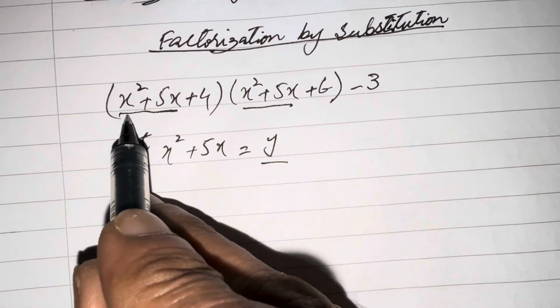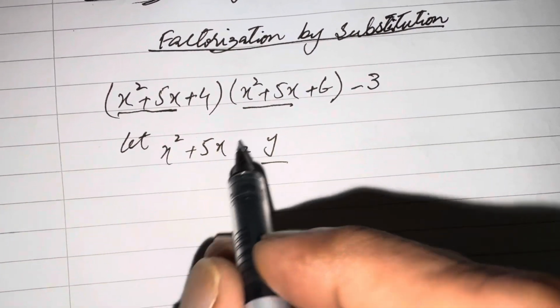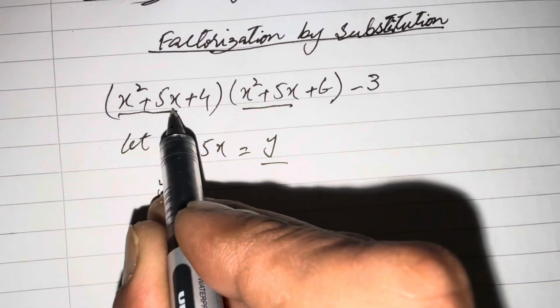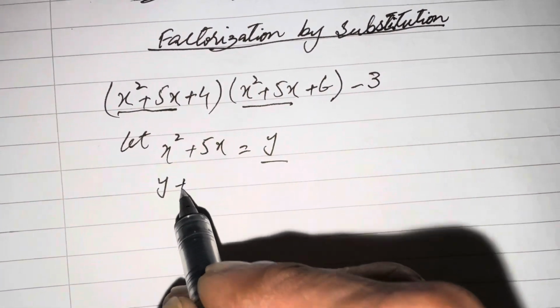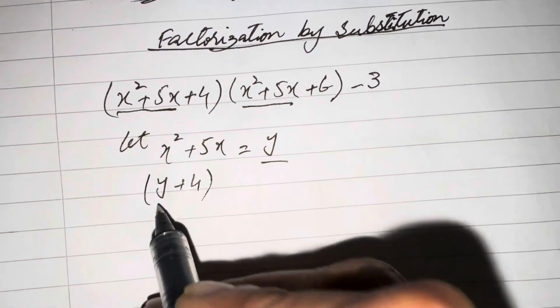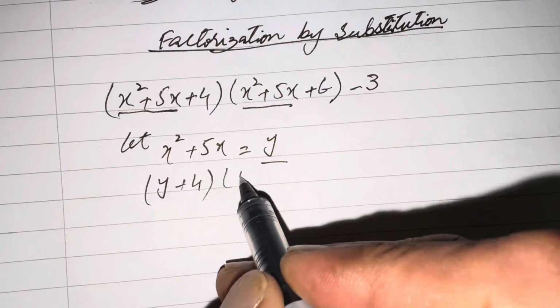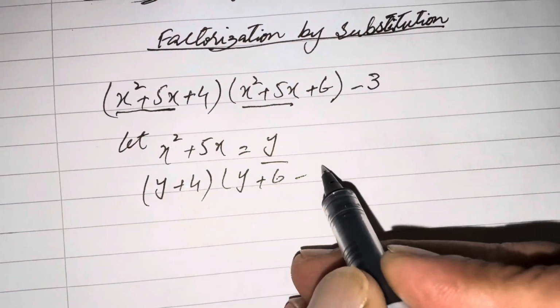So x squared plus 5x equals y, हमने ये suppose कर लिया है. So इसकी जगह पे y आ जाएगा, y plus 4 into y plus 6 and minus 3.